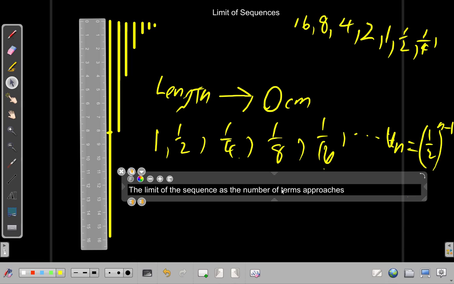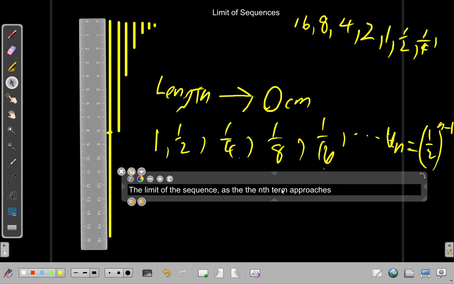So, as the nth term approaches. Now, let me put it this way: the limit of the sequence, right, as the nth term approaches.